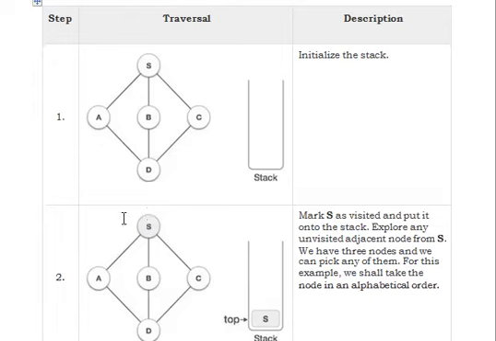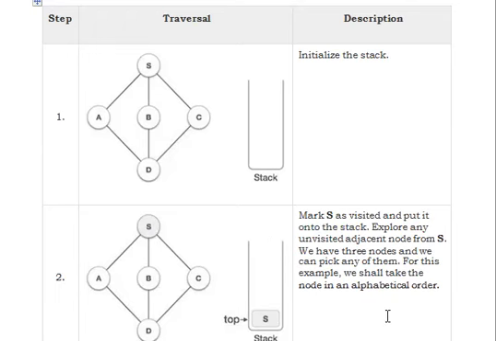In the second step we mark S as visited and put it on the top of the stack. Then explore if there is any unvisited adjacent node from S. We have 3 nodes to visit from S, pick one of them.